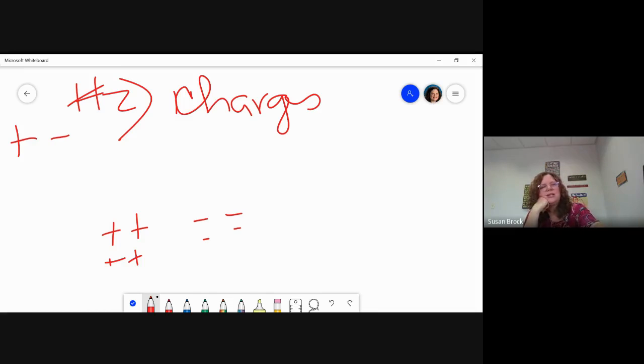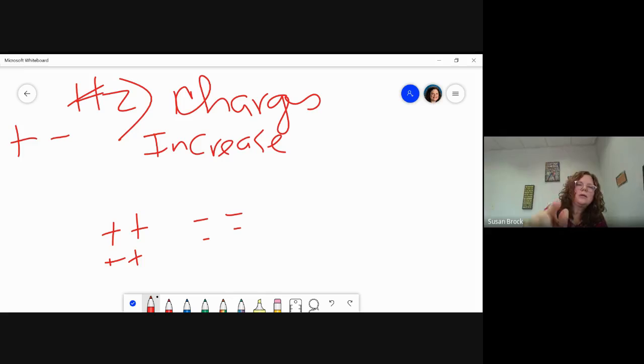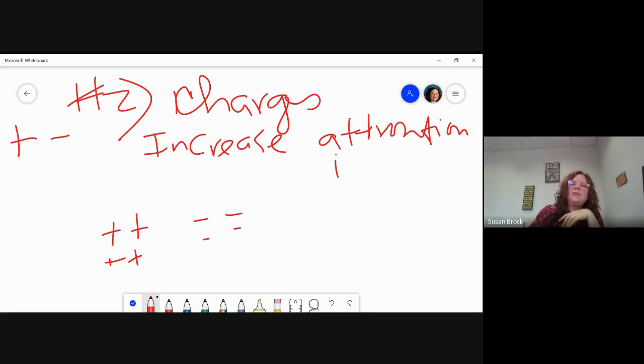So we can see that as charges increase, what would happen to the attraction? Attraction increases.